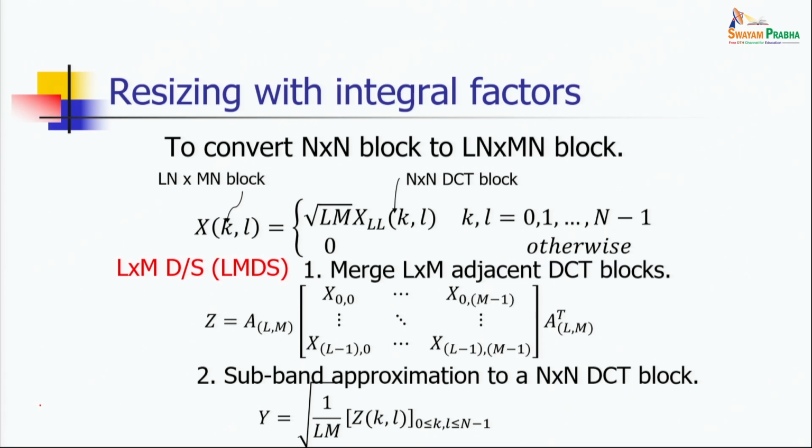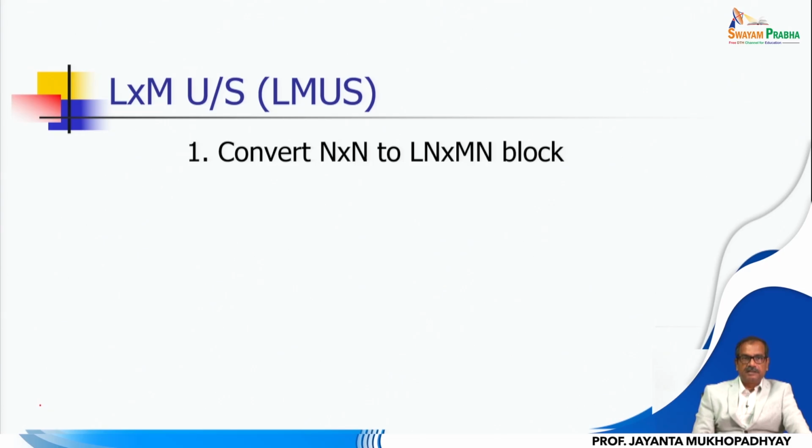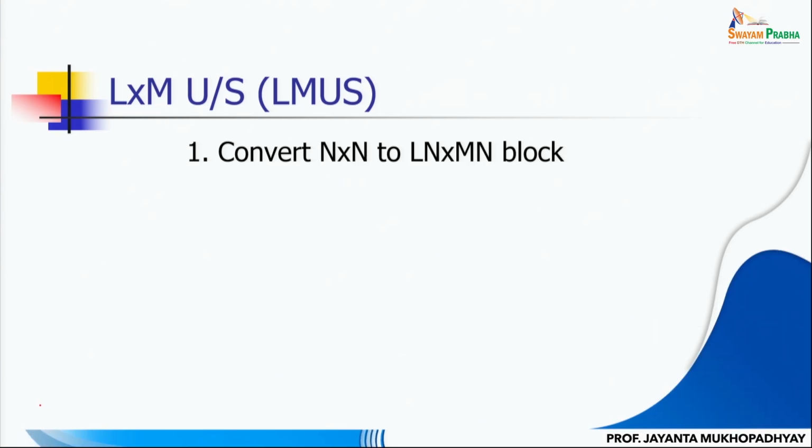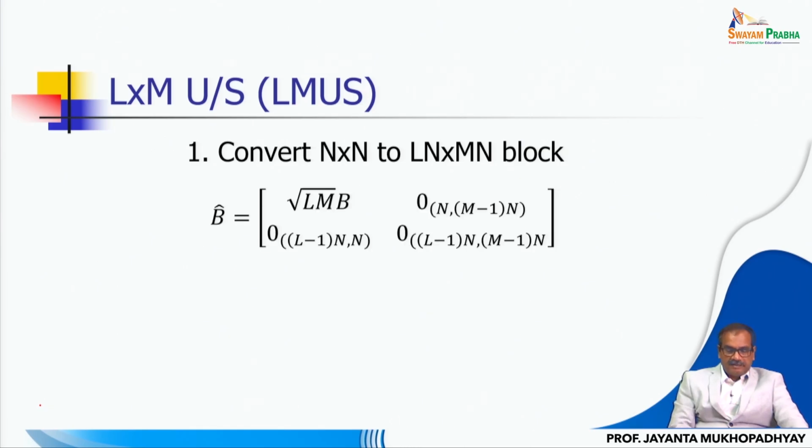So we call this algorithm the L cross M downsampling algorithm, or LMDS. Similarly, you can have an L cross M upsampling algorithm, where you convert an n cross n block to an Ln cross Mn block, and so this is what you do with the approximation, and then you decompose it into L cross M n cross n blocks.